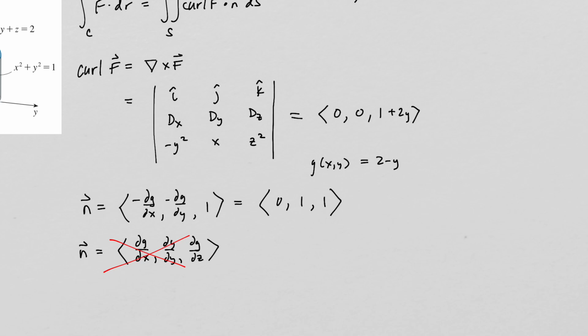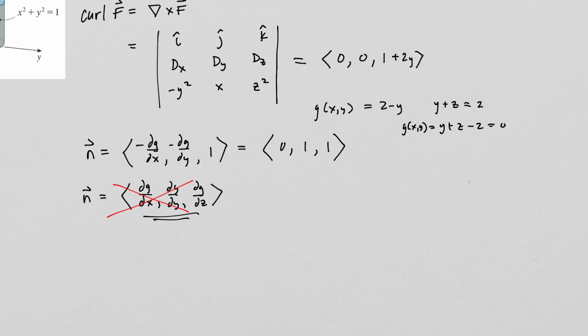Now, just to be clear, if I left it in its original form, y plus z is equal to 2, right? Or I could have said y plus z minus 2 is equal to 0. This could have been our function, and then you could have taken the partials and plugged it into here, and you would have gotten the same thing. Okay, so our normal vector is 0, 1, 1.